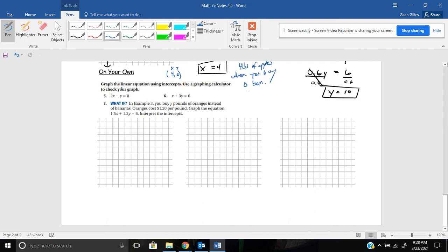All right, lastly, it says for the on your own, graph the linear equations using intercepts. Use a graphing calculator to check your graph. So again, if you want to use Desmos, please feel free to do so. Please pause now to try it out.